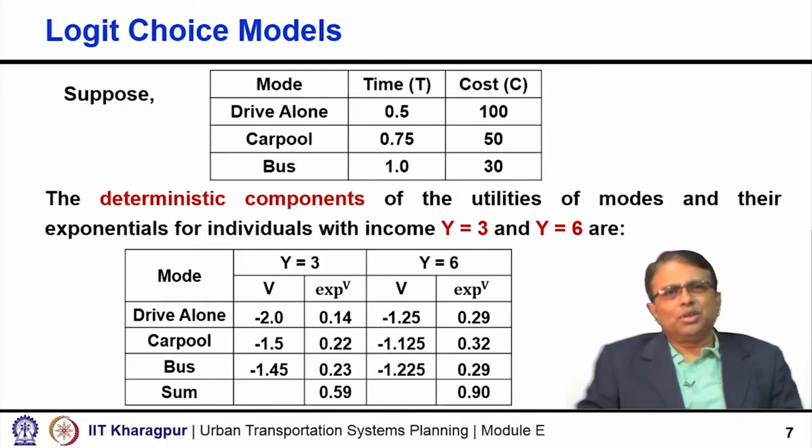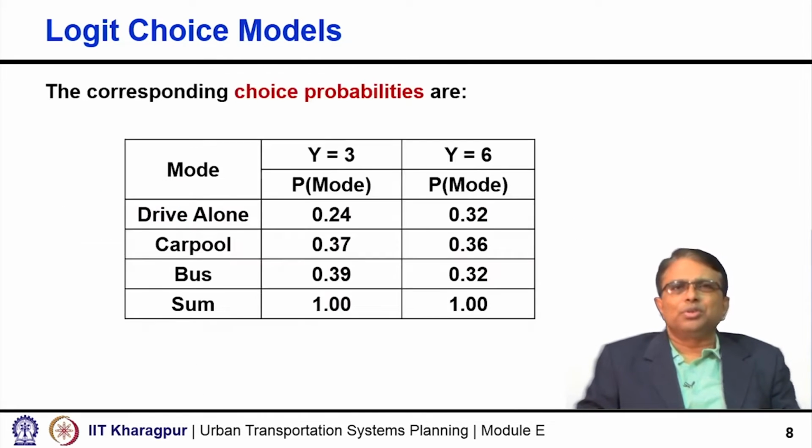Then we can calculate e to the power V value, then the sum of e to the power V values. And then accordingly, once we know all this, we can calculate the probability of using different modes for the 2 income groups, what is shown here.